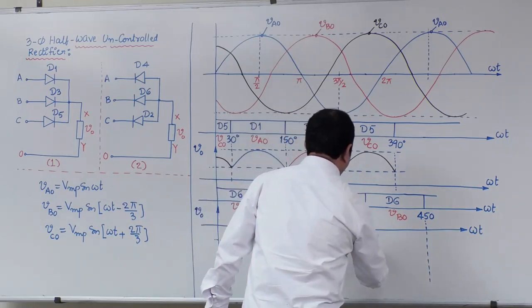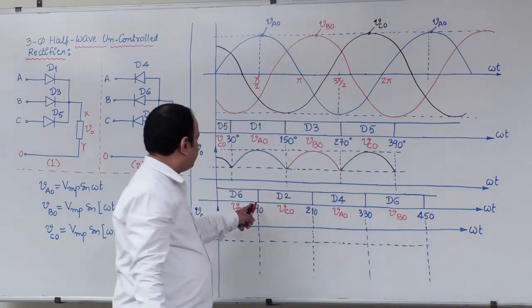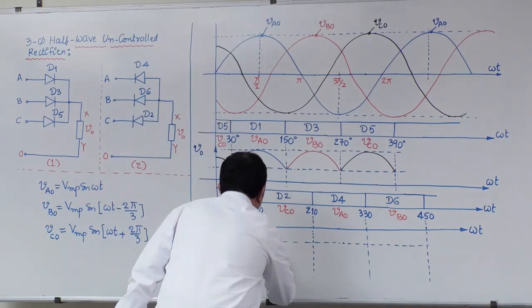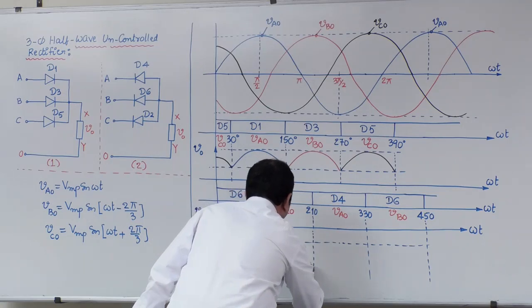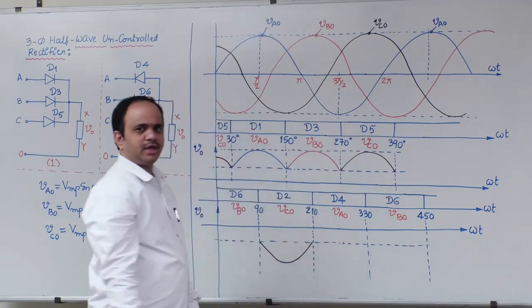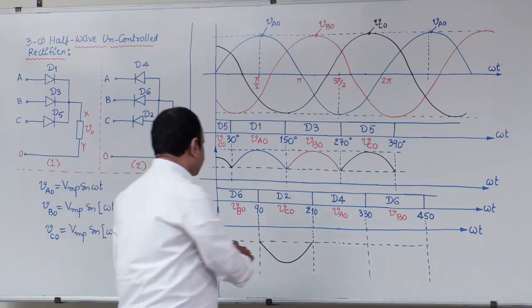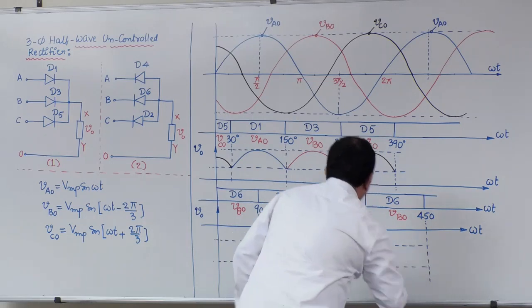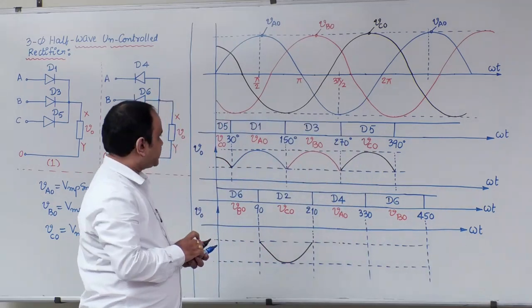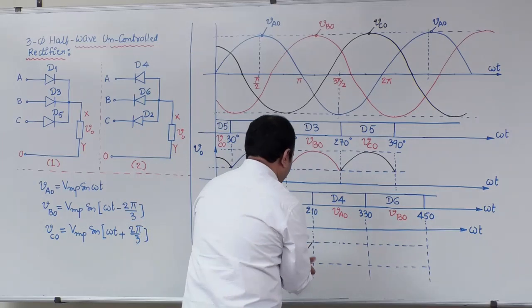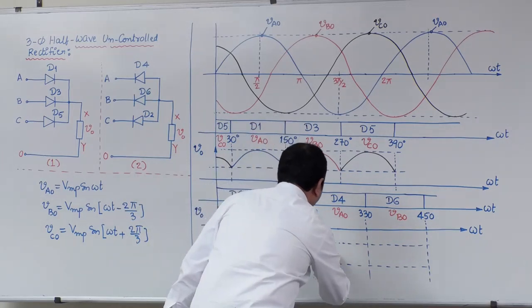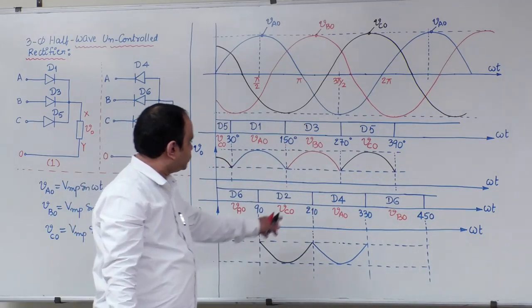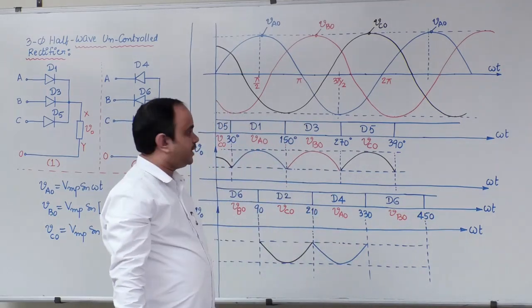First let me start with VCO. From 90 to 210, the VCO waveform is like this. Next, from 210 to 330, the VAO waveform, that is the blue sinusoidal, is like this.